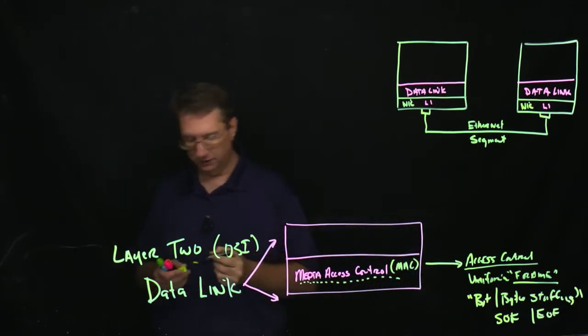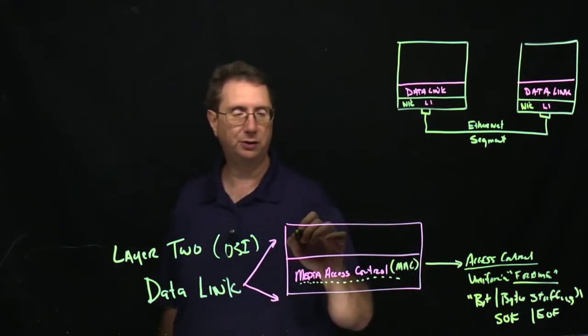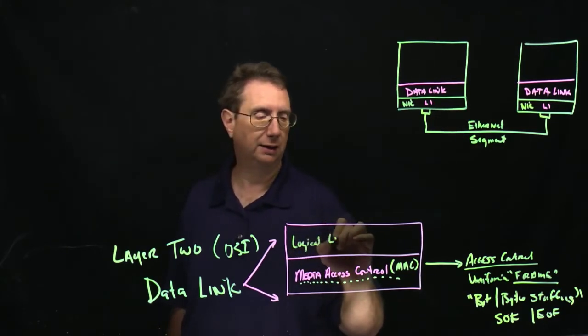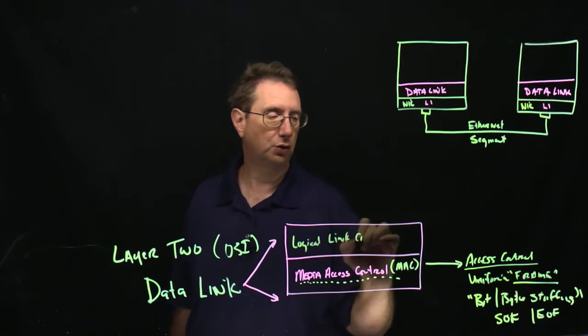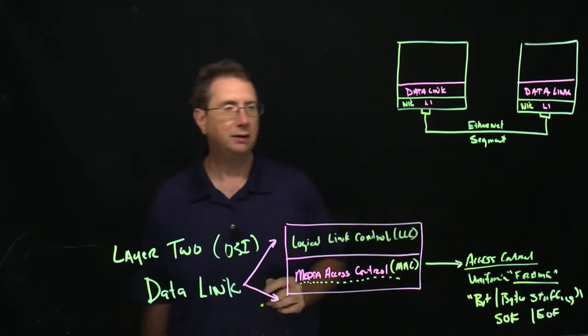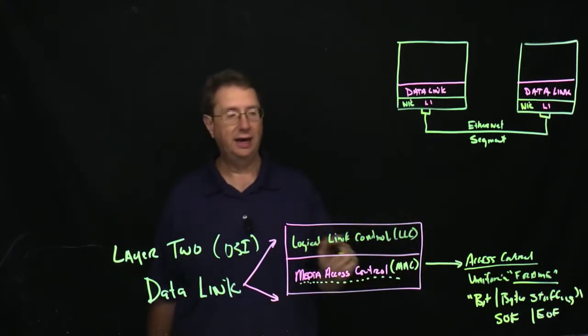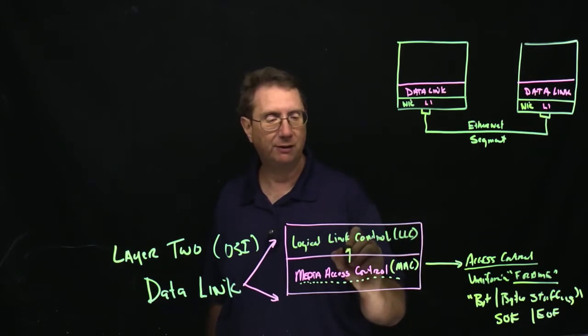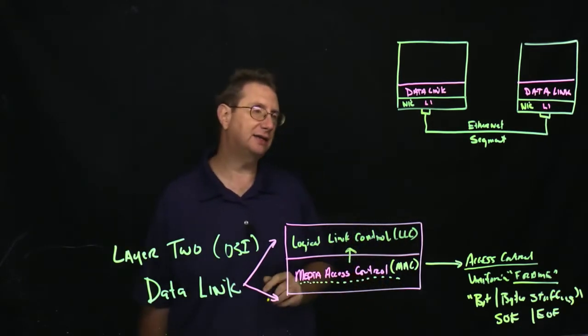Now, the next layer that's all part of this is also what I refer to as the logical link control sublayer. That is referred to as the LLC. Now, the job of the LLC is one, to ride on top of the media access layer.